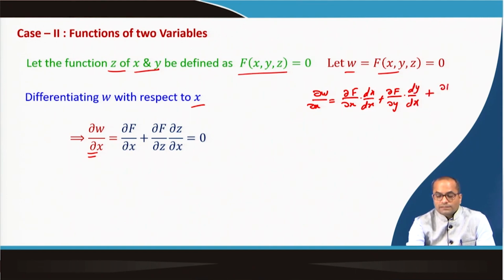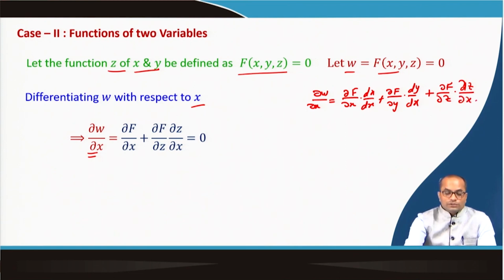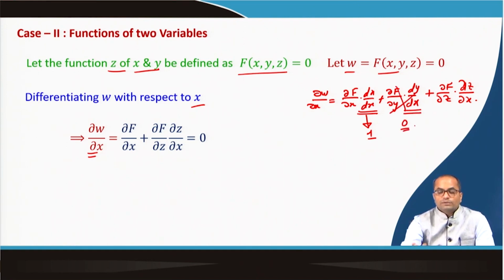plus the partial derivative of f with respect to z, and then we have the partial derivative del z over del x. So, dx over dx is anyway 1, these are independent variables. And because x and y are independent variables, the dy over dx term will not be there, since dy over dx is just 0; they are not dependent on each other.